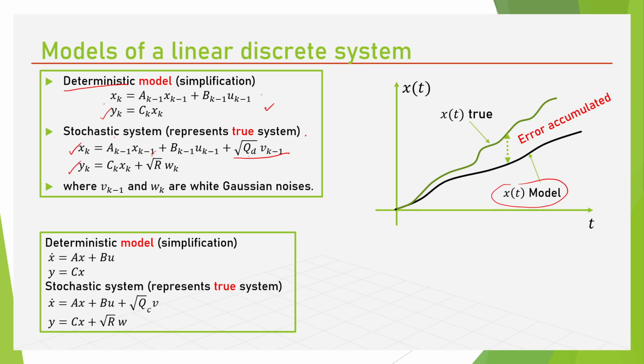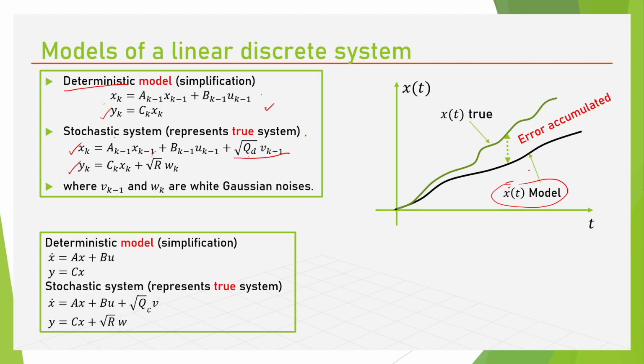Do you think the angle that you measure and what you compute are always the same? Of course not, right? The more time passes, the higher the gap. This is what it means. The true one is stochastic, but in order to simplify and study the behavior, we use just a deterministic model.